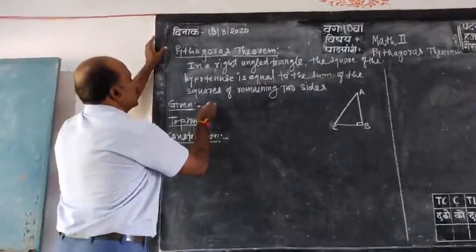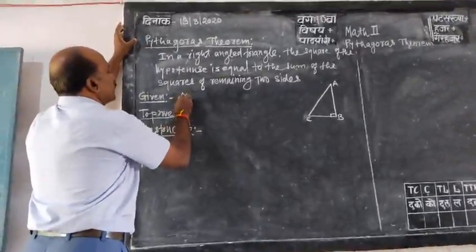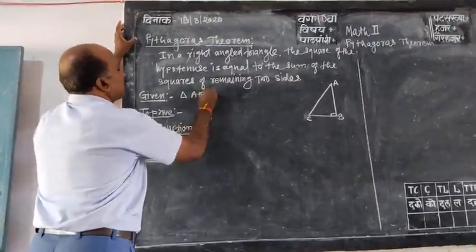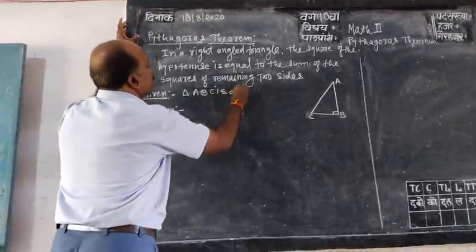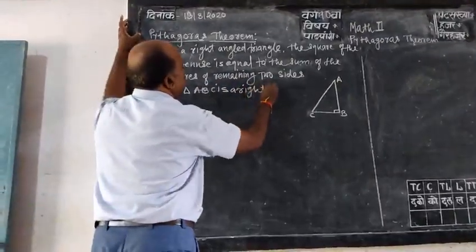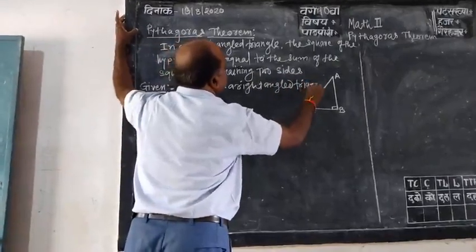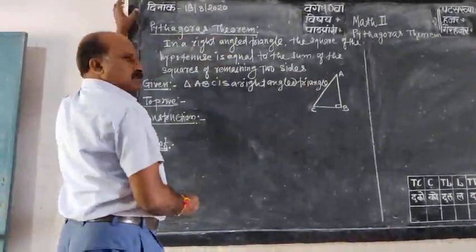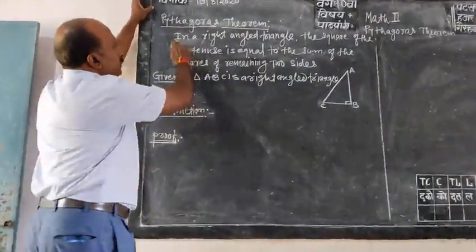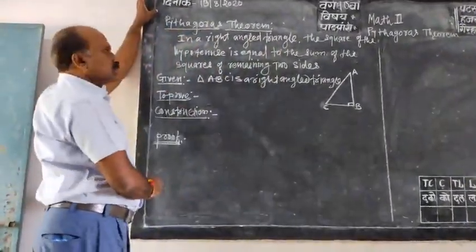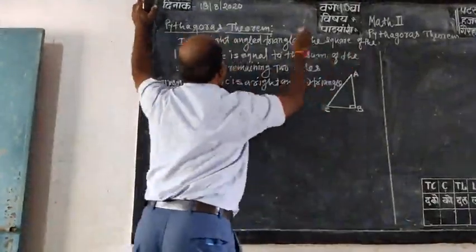Triangle ABC is a given right angle triangle. What do you have to prove? The square of the hypotenuse.